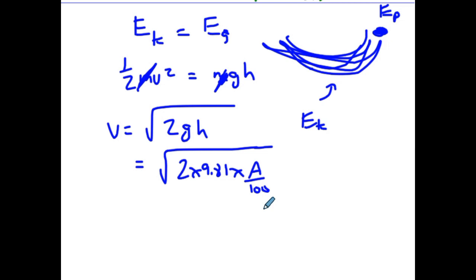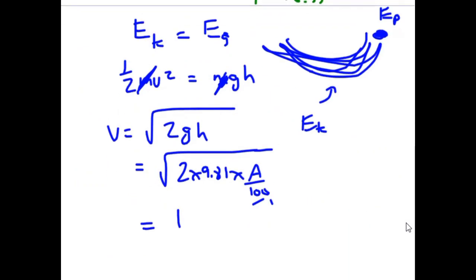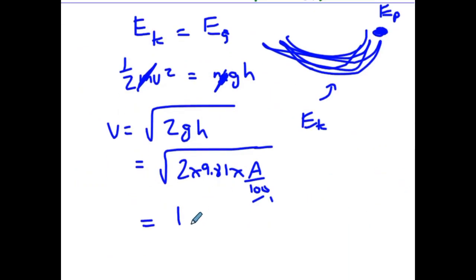And then after that, I have to square root the whole answer. And so I've got a final velocity of, let's call it, how many sig digs do I get? 3, it looks like. With 3 sig digs, I have a velocity of 1.30 meters per second.